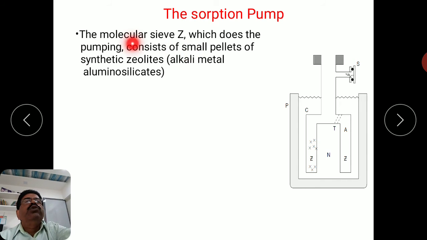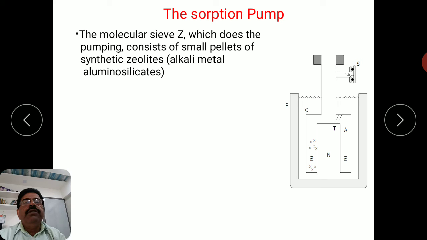The molecular sieve Z, which does the pumping, consists of small pellets of synthetic zeolites, a typical material being alkali metal aluminosilicates.